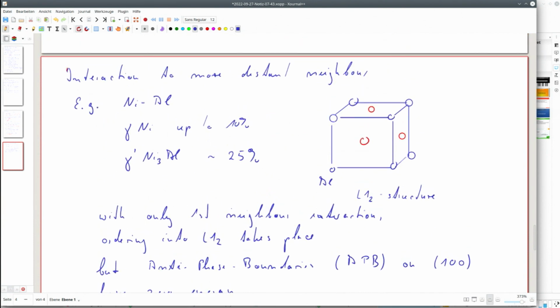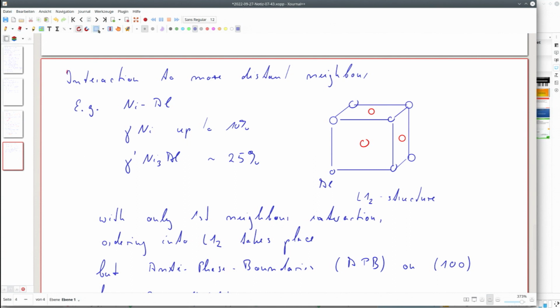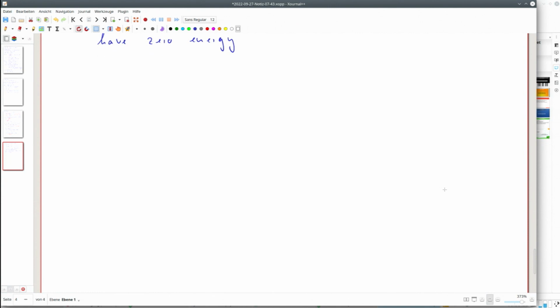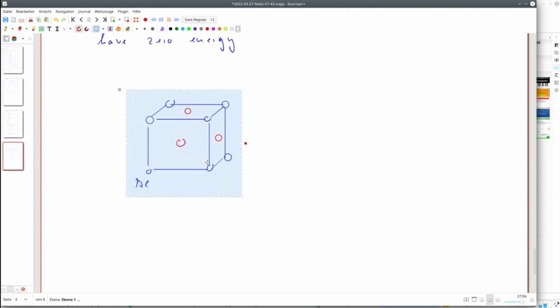So what's an antiphase boundary? Here it's arbitrary whether we put the nickel atoms on this side or on the corner sides, or better, the aluminum, we could put it on the corner sides or on one of the face-centered sides.